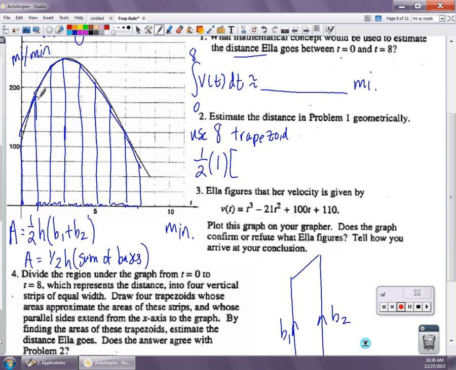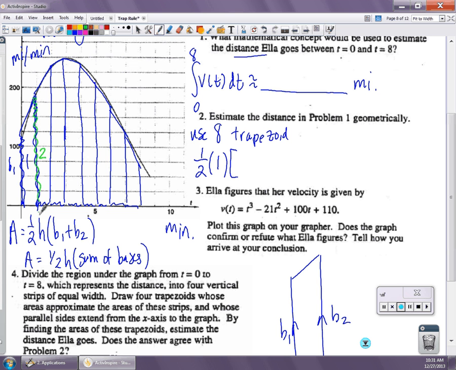Now, in the first trapezoid, this is base number 1. This is base number 2. Trapezoid number 1. So we're going to use this base once. And this is base number 2. Now when I go to trapezoid number 2, I'm going to change colors. Here's trapezoid number 2. Now notice what happens.